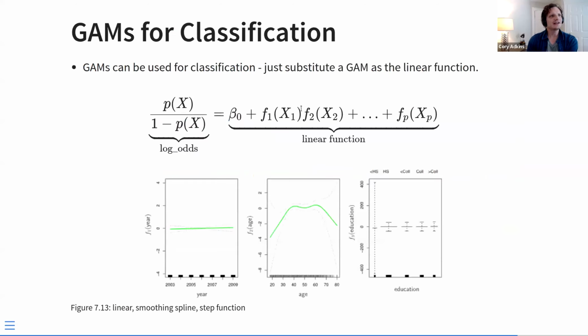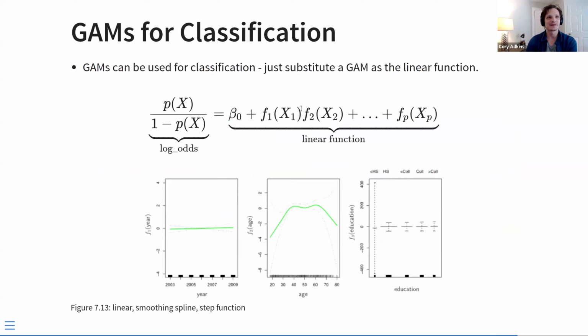GAMs can also be used for classification, because they are just linear models. We just stick them into the linear function part of the classification model. So here we have logistic regression.